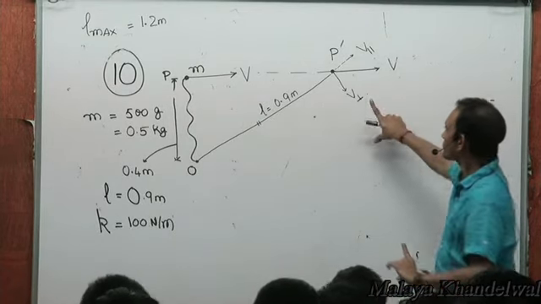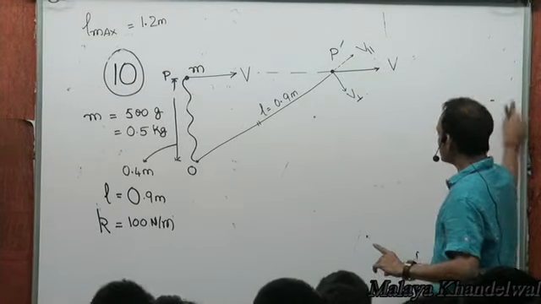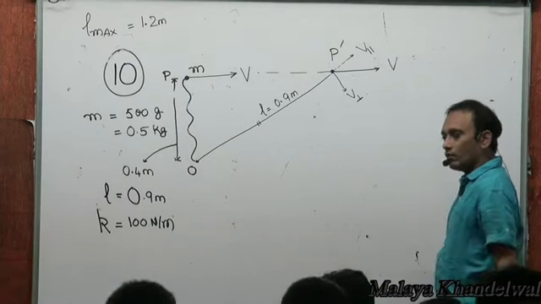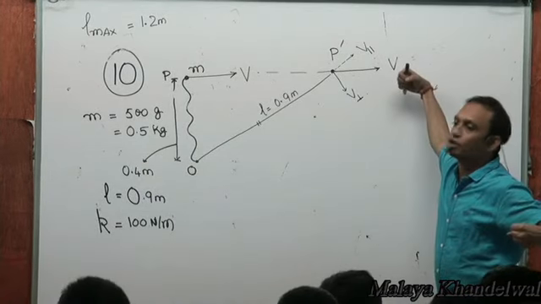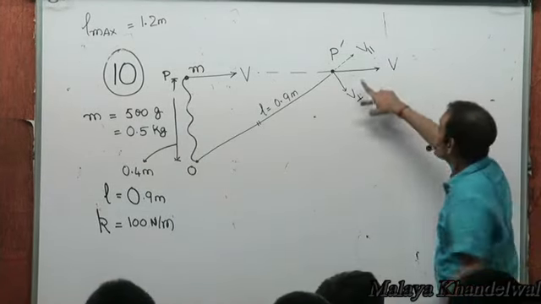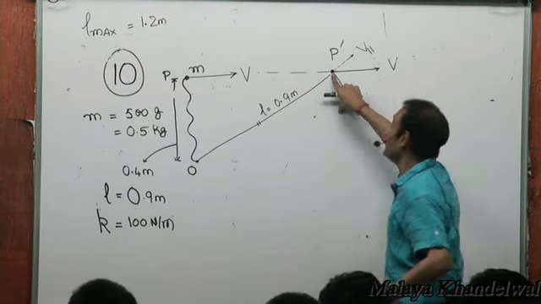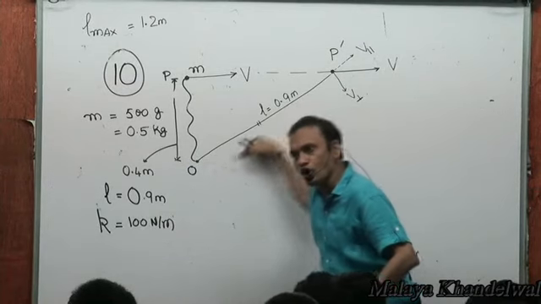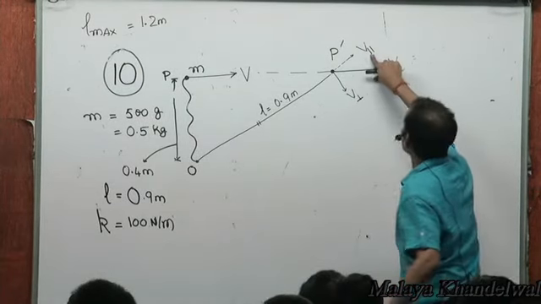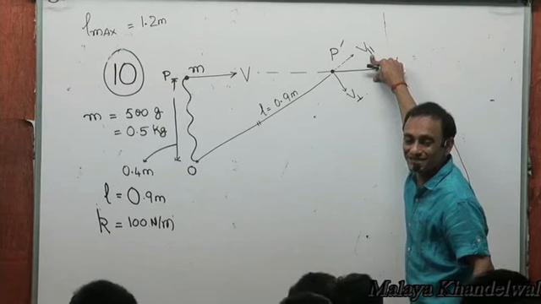In any case, the spring will start to elongate from this point onwards. The spring, therefore, will exert on the particle at P a force towards O, which will start to kill this parallel component.